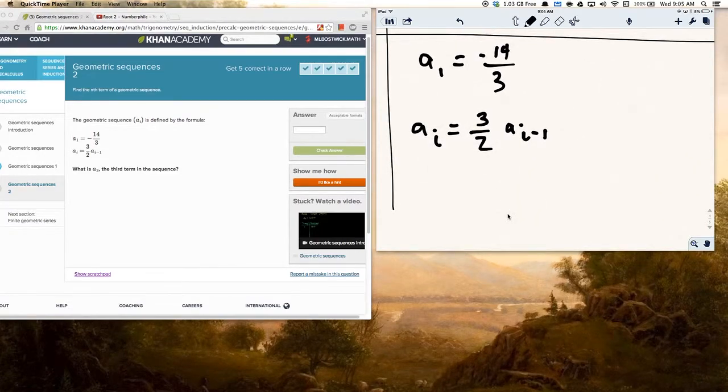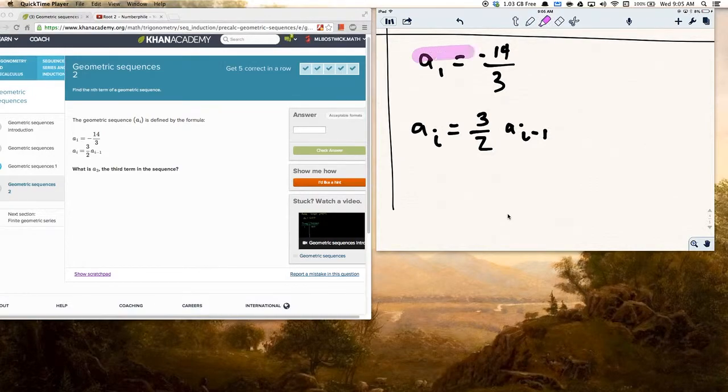So I have a1 equals negative 14 over 3, and ai equals 3 halves times ai minus 1. And so the first thing we need to do is learn how to read this bizarre stuff here. So a1 equals negative 14 over 3. It's referring to a sequence.